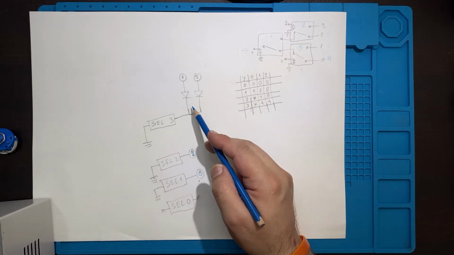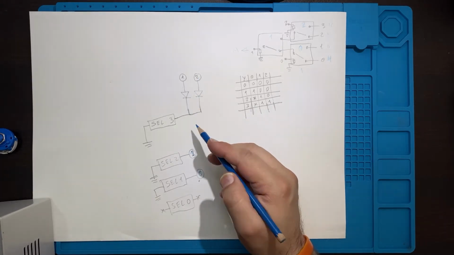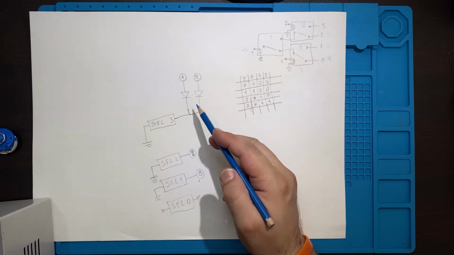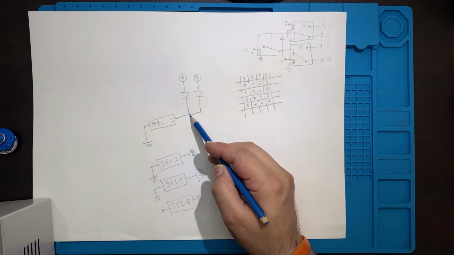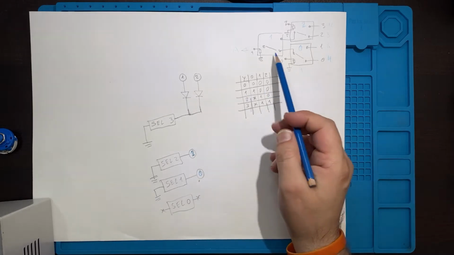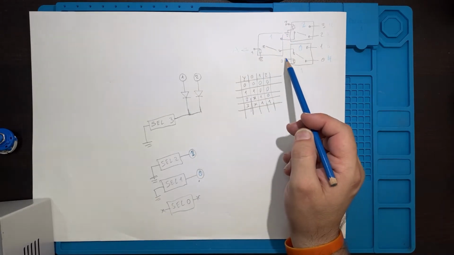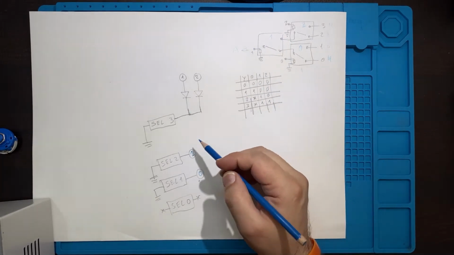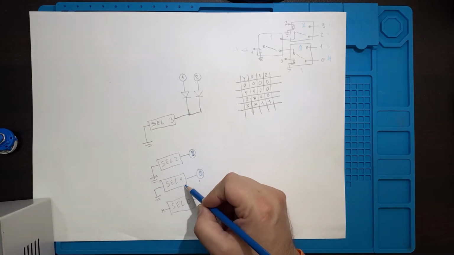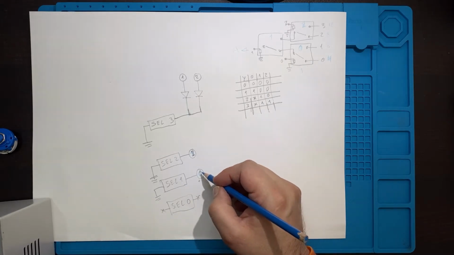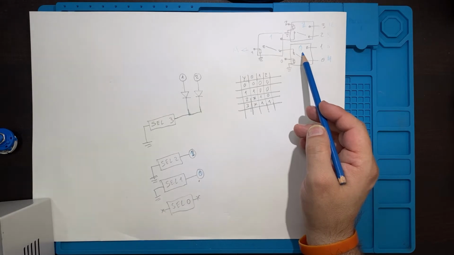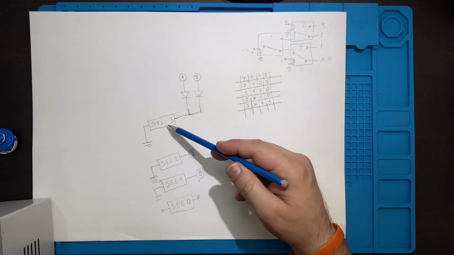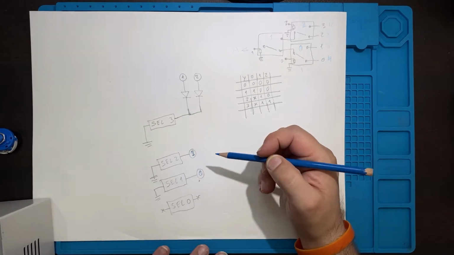So the diodes are there whenever I need to select more than one relay, so that I don't short those two coils together. On selection 1, I just need to energize this relay. These are the 4 kinds of state.